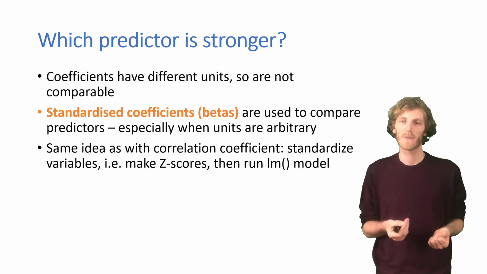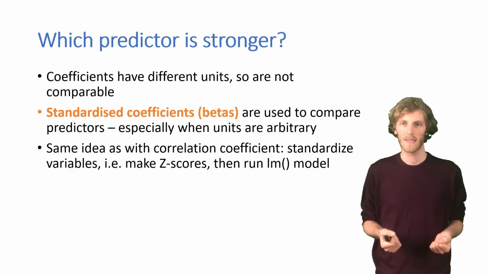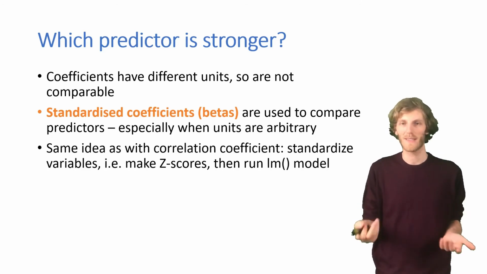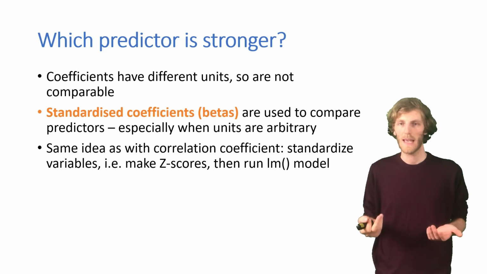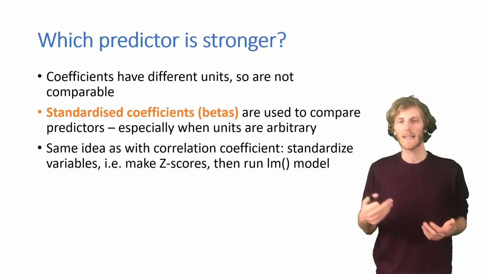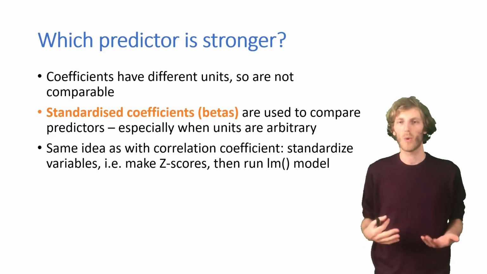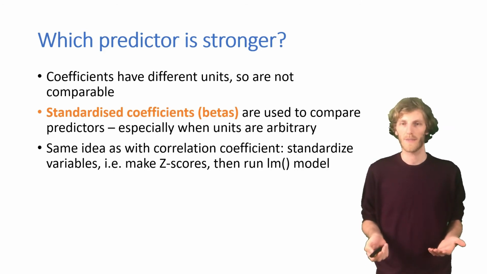We encountered that so far through correlation coefficients, where we standardize two variables, run a simple linear regression, and get a standardized correlation coefficient. Here the standardized beta coefficients are very similar. They are just what we get when we have more than one explanatory variable.